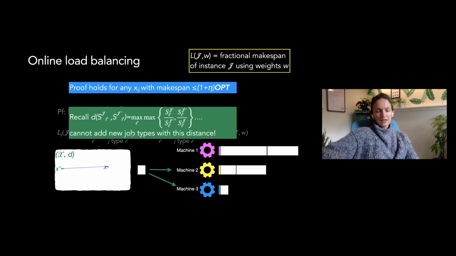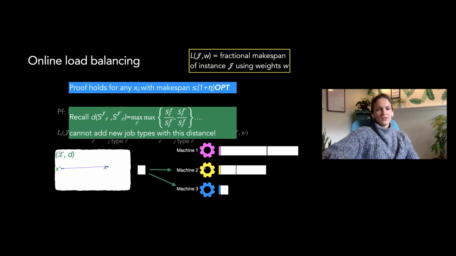So I cannot add any new job types with this distance because otherwise I end up with something divided by 0. And in particular, there's not an easy way to fix this distance metric and let the previous proof, which I didn't have time to show you, get pushed through.